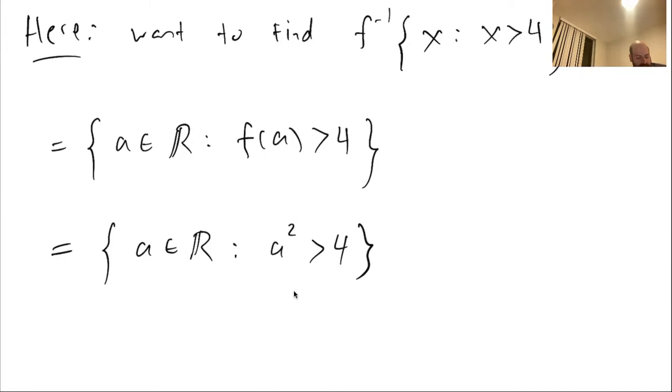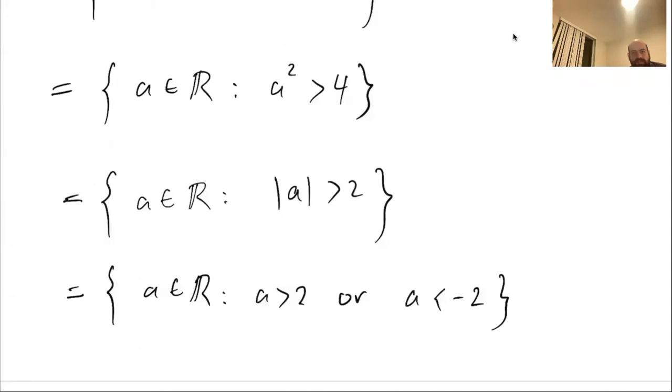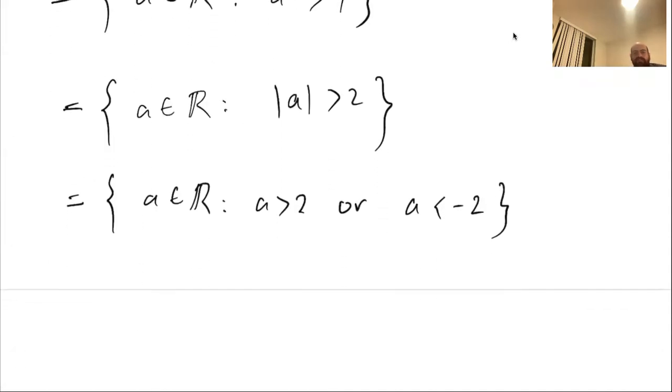And absolute value of a bigger than 2 means a is bigger than 2, or a is less than minus 2. Absolute value of a number bigger than 2 means that number is bigger than 2, or that number is less than minus 2. Well, that's it.